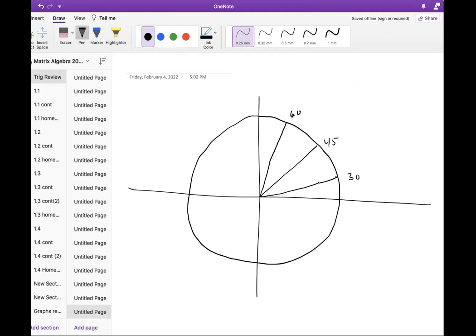And you can just mirror these everywhere. So if you make a 30, 60, 90 triangle over here, you can figure out what this angle is, right?